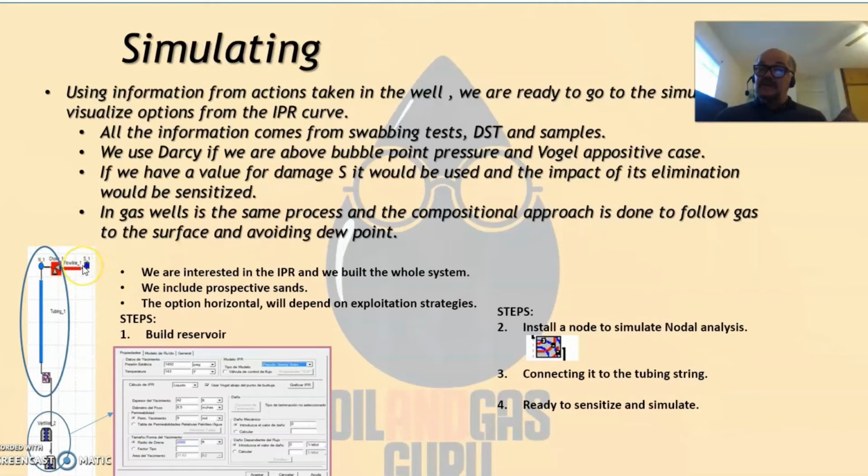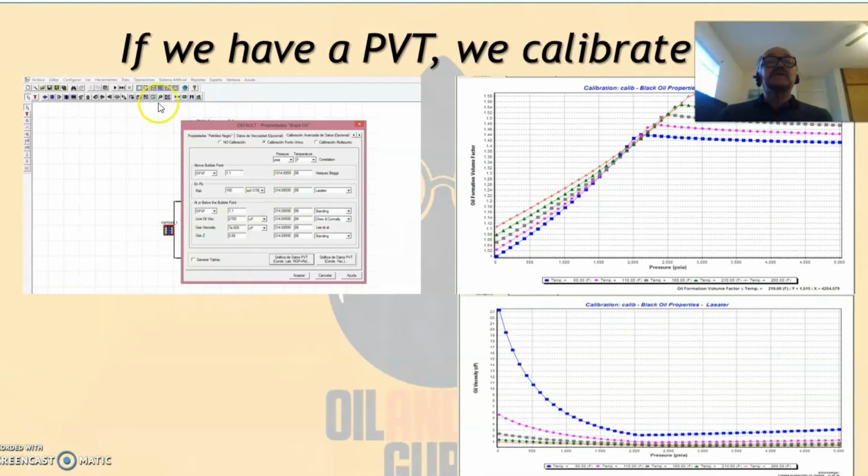We can optimize the gas of the field according to the compression available, and in the case of energy and pumping systems, we distribute optimally the electrical energy that we have available. So we are ready, we build the well, and we are ready to sensitize.